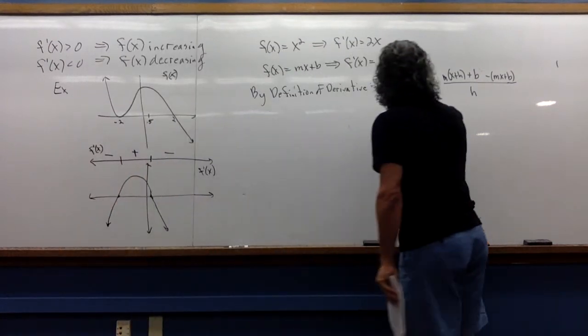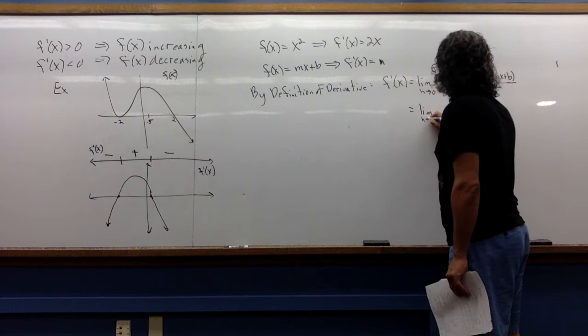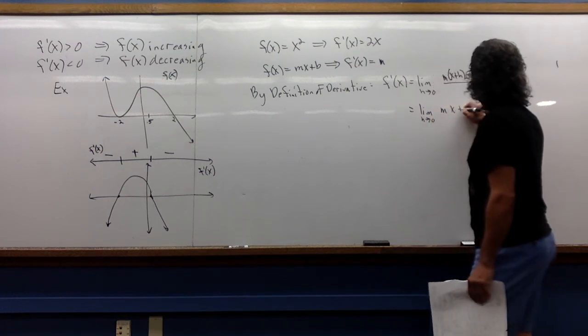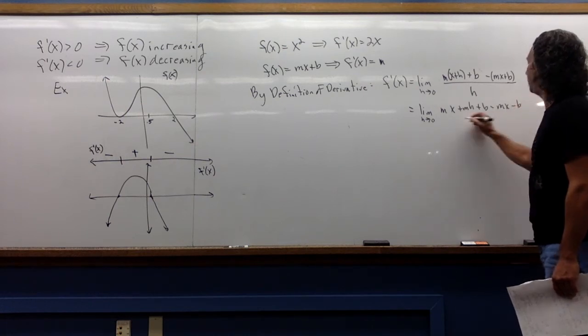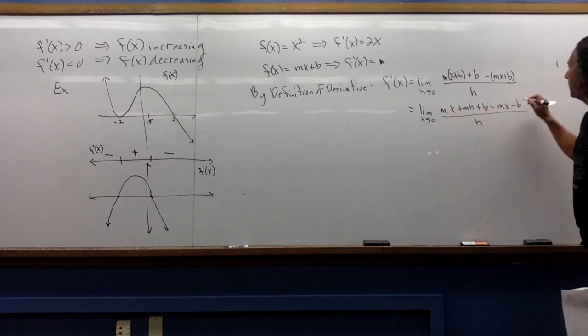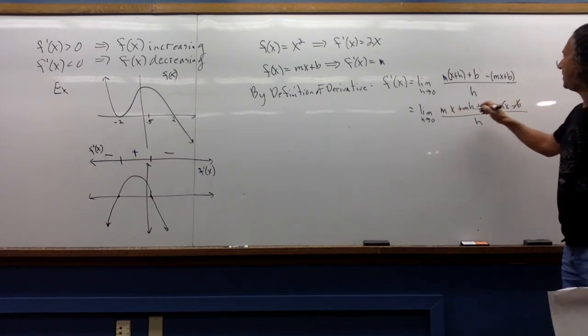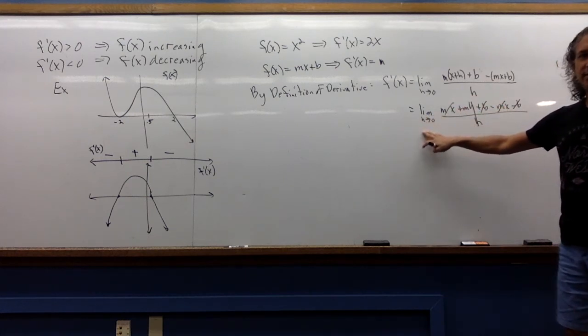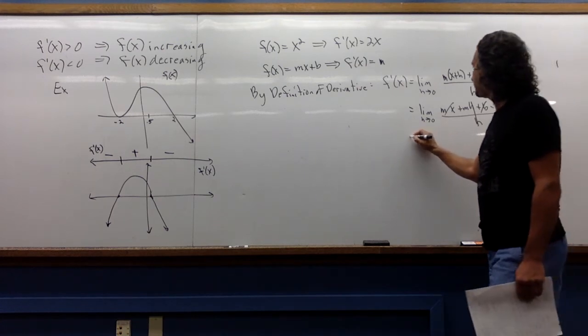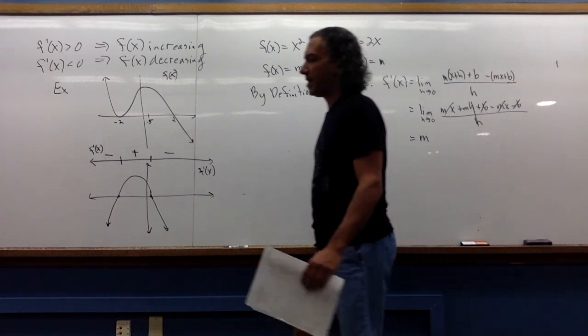Okay, so we have the limit as h goes to 0 of (mx plus mh plus b minus mx minus b) all over h. Goodbye b's, goodbye mx's. H's cancel. As h goes to 0, m could care less, and we get out m as we thought we should.